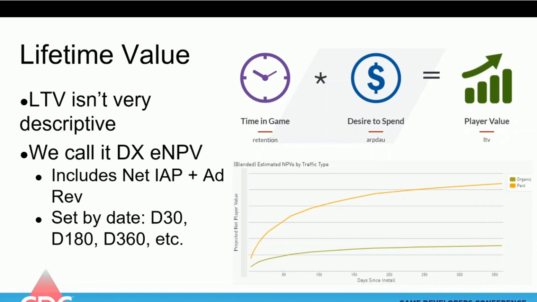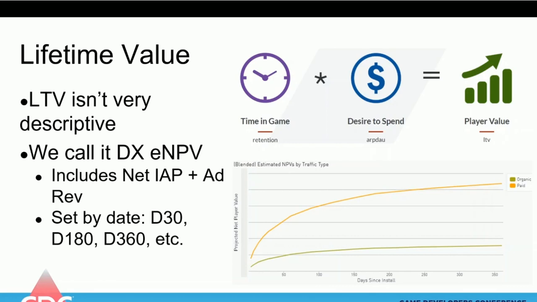Furthermore, internally, we've decided that it will always include ad revenue alongside in-app purchase. Plus, since we calculate on a payback curve, we always talk about ENPV with a date. So we can have a D30 ENPV, a D180 ENPV, or in the case of Idle Frontier, we consider lifetime about a year, so we use the D360 ENPV most often.